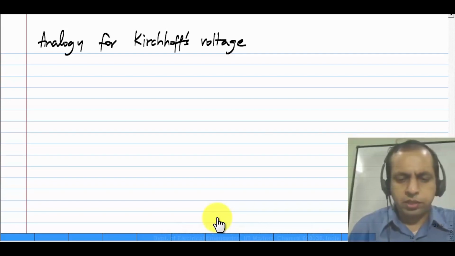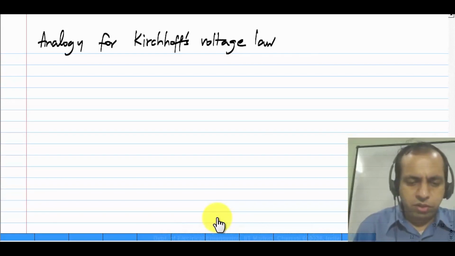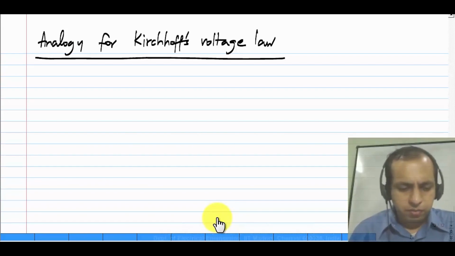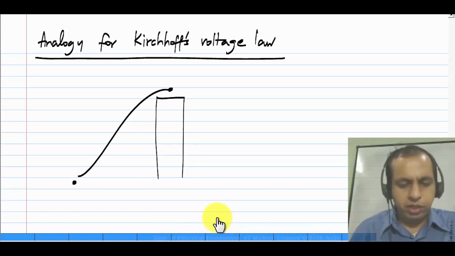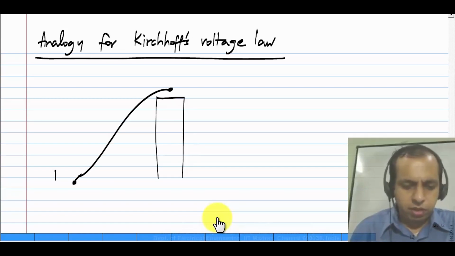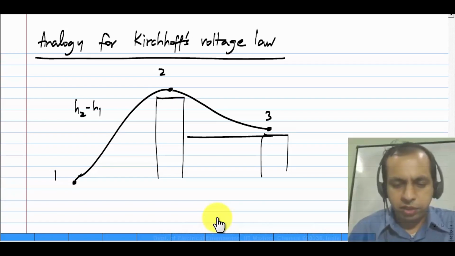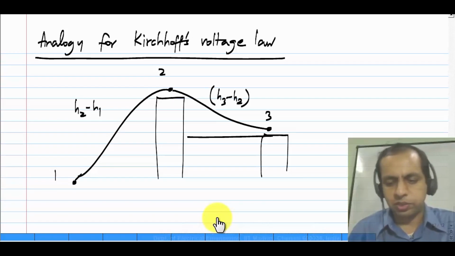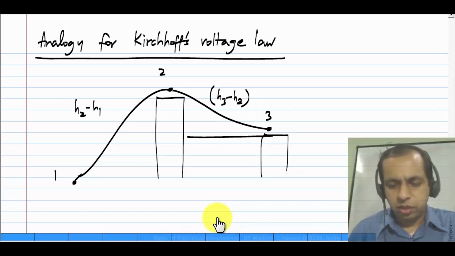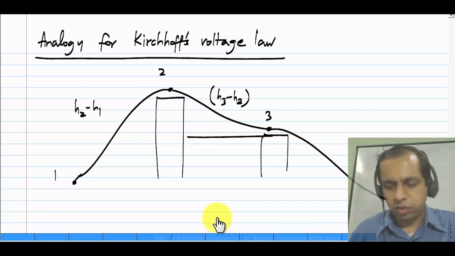You can also make an analogy for Kirchhoff's voltage law based on everyday experience. That is, let's say you start from a certain point and you go up on top of a building, you gain a certain height h2 minus h1, maybe you will come down to a shorter building and you will gain a height of h3 minus h2. h3 minus h2 is actually negative, and then maybe you will walk down to some underground place.